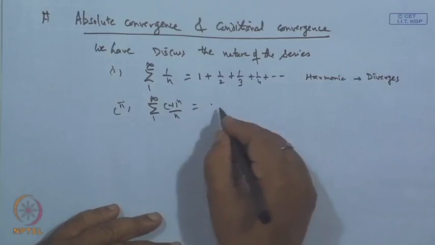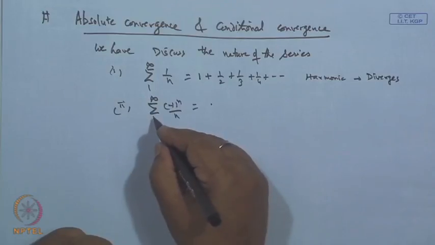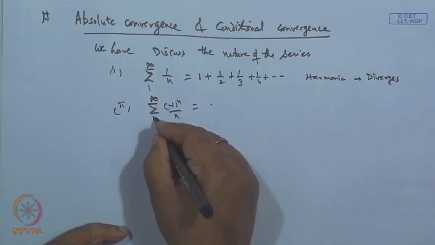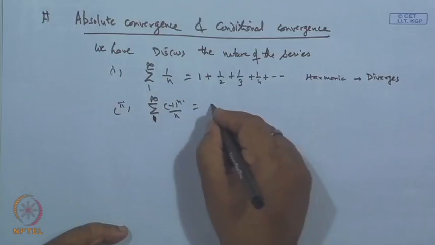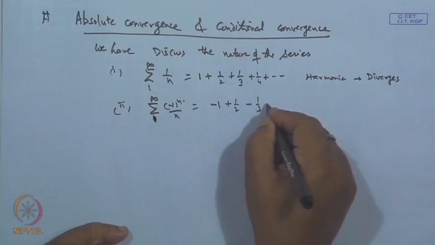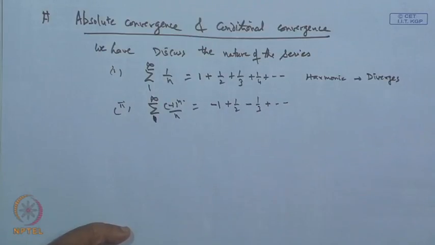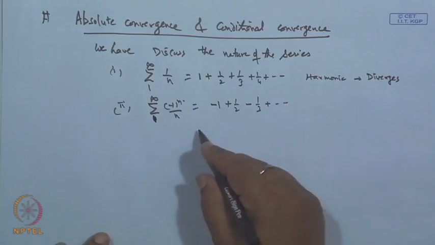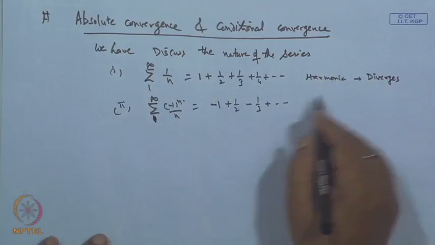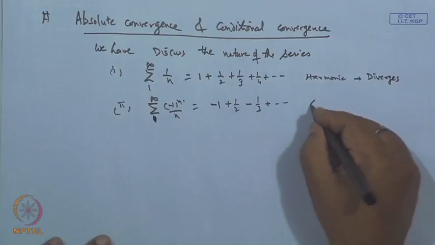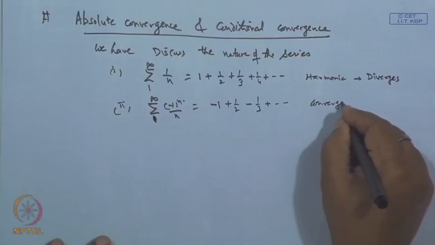So, if we start with this, from 1 to infinity, here we get minus 1 plus half minus 1 by 3 and so on. So, the terms are alternately positive and negative, and this is an alternating series, and we have also seen that this series is convergent.